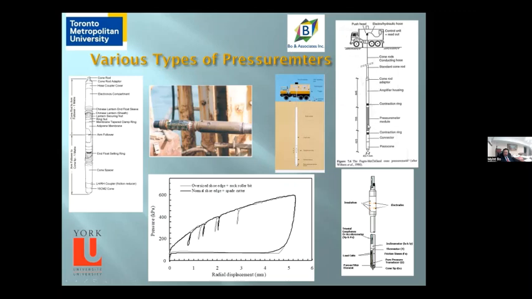They expand this membrane cylinder in the ground and measure the stress-strain characteristic of the soil. They can also do unload-reload loops and all that. From there, they can obtain many parameters like undrained shear strength, overconsolidation ratio, modulus, etc.